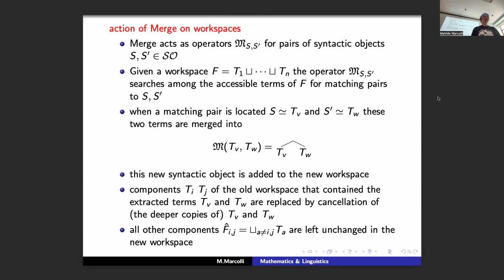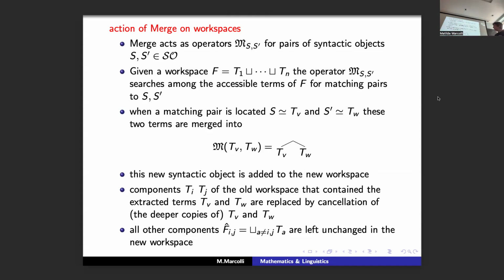Okay, so these are all the preliminary algebraic structures underlying the actual object of interest, which is this merge operation that acts on workspaces. So I'm going to define that now. The way it's defined in this most recent version of minimalism in the linguistic literature, it's a collection of operators that are parameterized by the choice of two syntactic objects. Those tell you what you search for in the workspace that you want to act on.